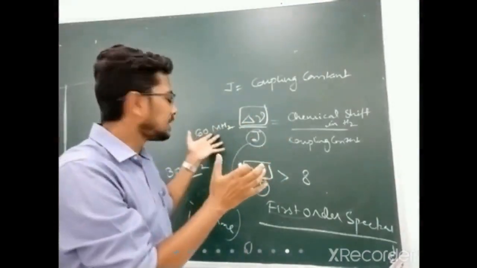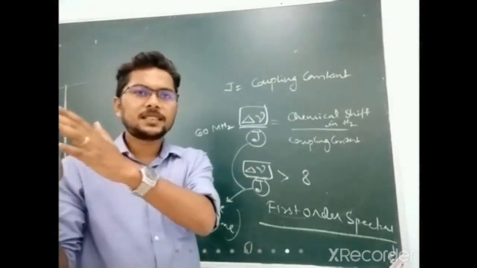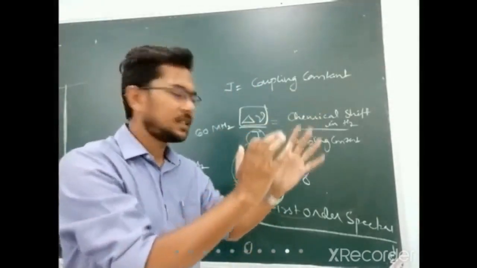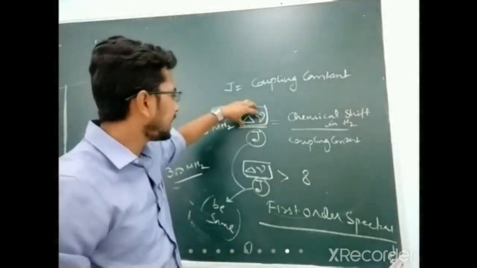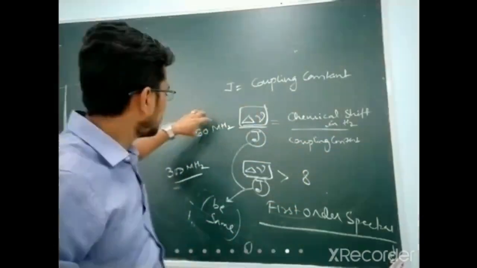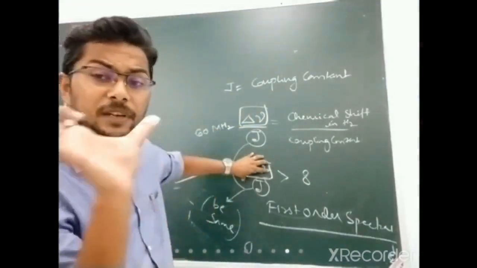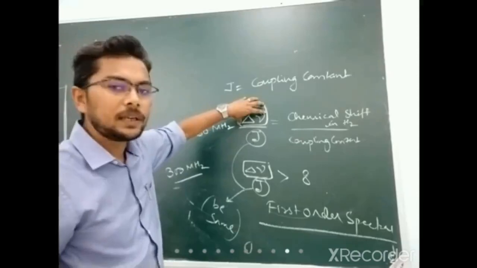As I said, in 60 megahertz, one unit is 60 hertz, 60 hertz, 60 hertz. So in 300 it will be 300 hertz, 300, 300. So the delta nu value, the shift difference in chemical shift, will be more in 300 megahertz, and less in 60 megahertz.